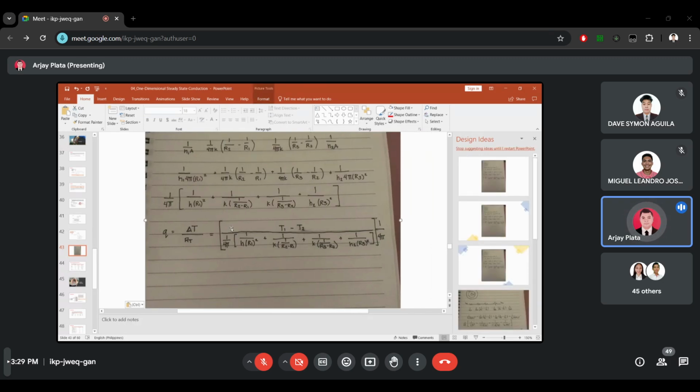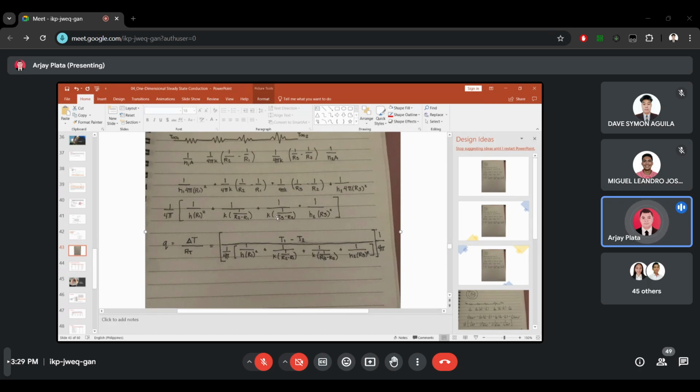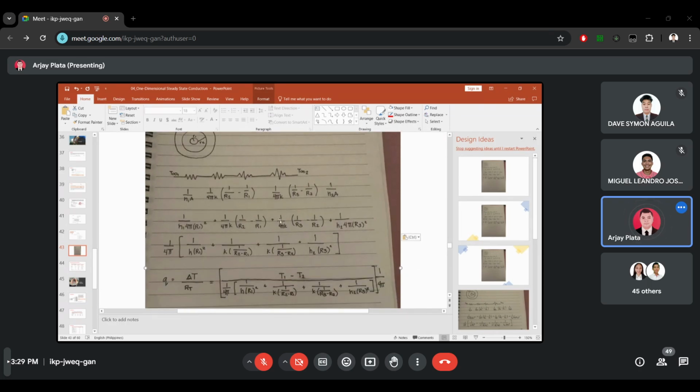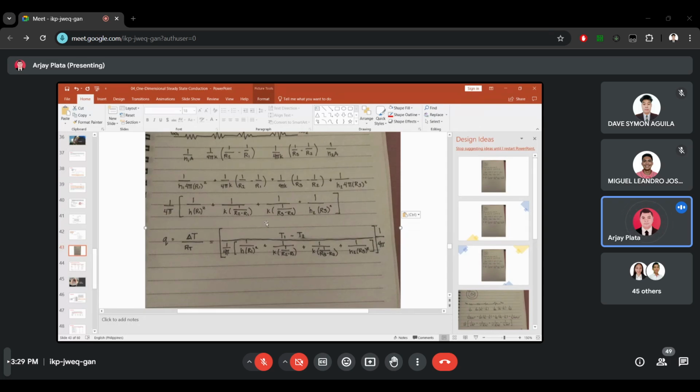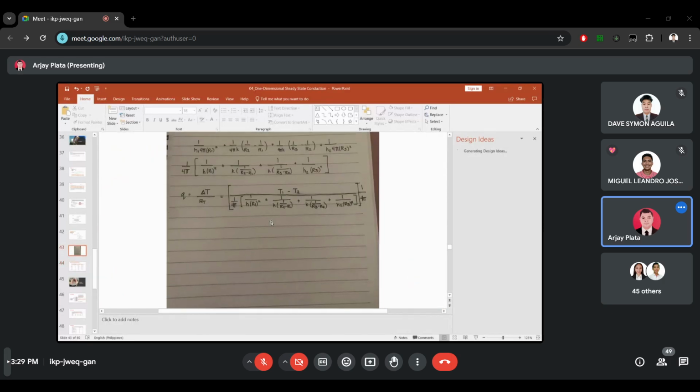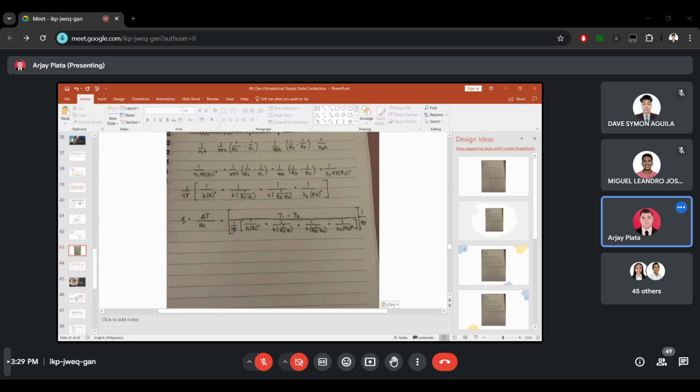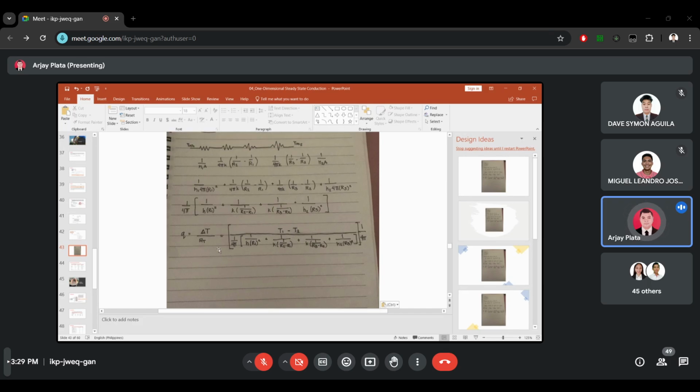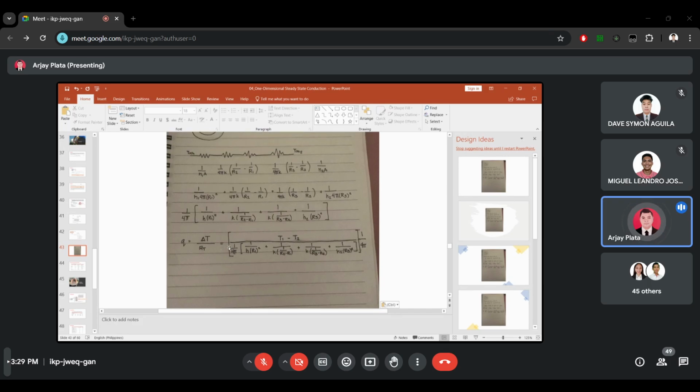Okay, so can you see my screen? Can you see the solution? Can you explain your solution? How do you arrive at this equation?